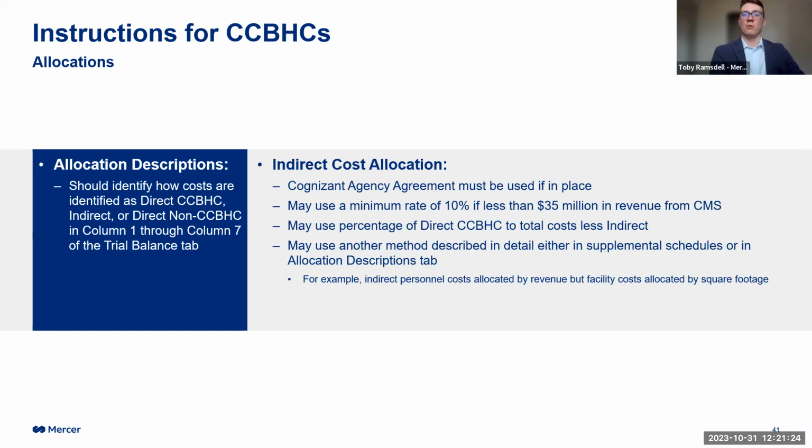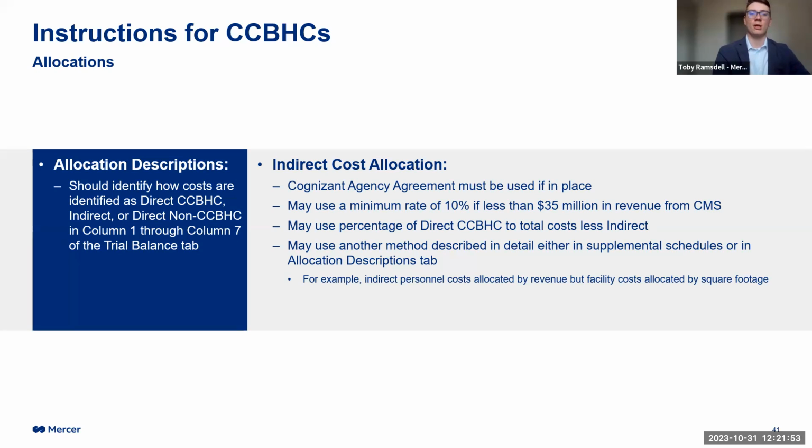All right, an important allocation is indirect cost allocation. So there should be a description, again, for any allocations that are made, either in the allocation description schedule or in supplemental documentation. However, there's also a separate schedule for indirect cost allocation in the cost report. There are really three primary ways to allocate indirect costs, and then a fourth method available.